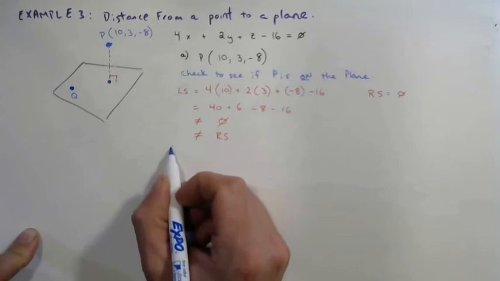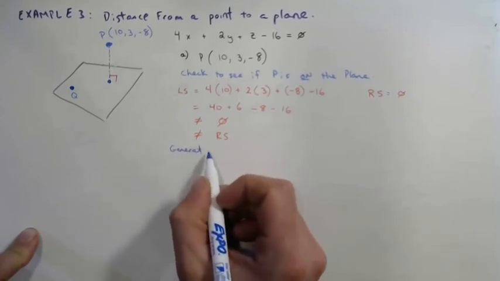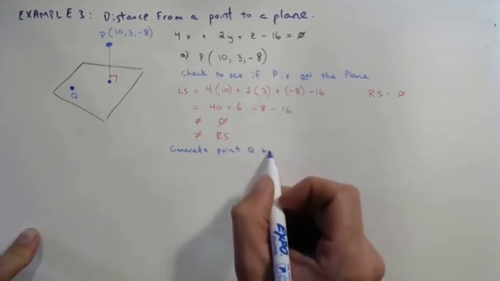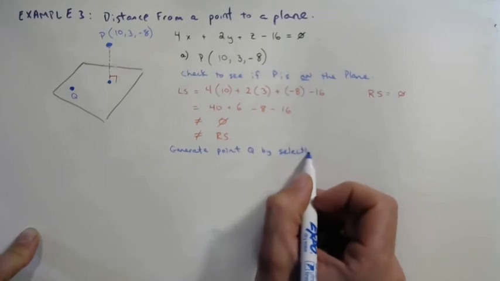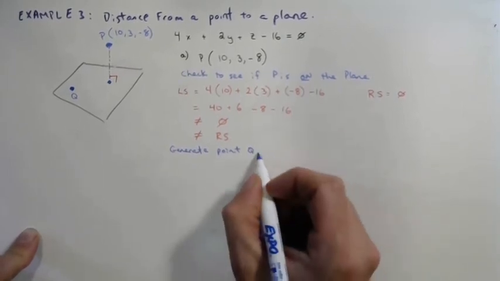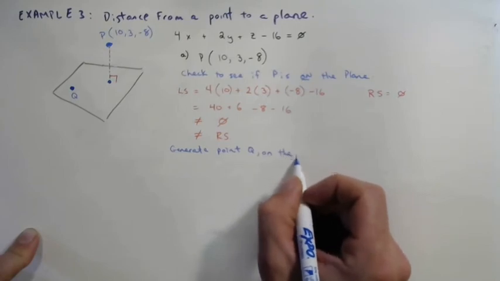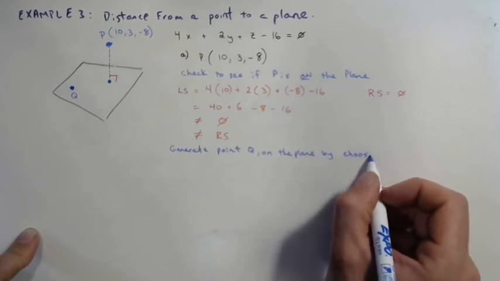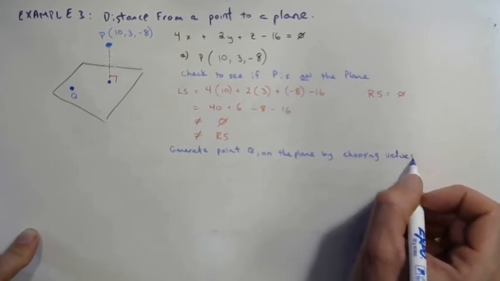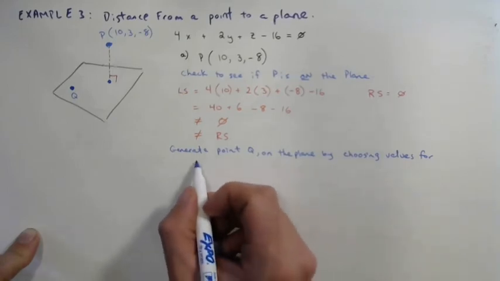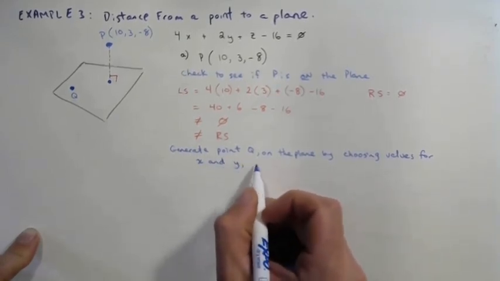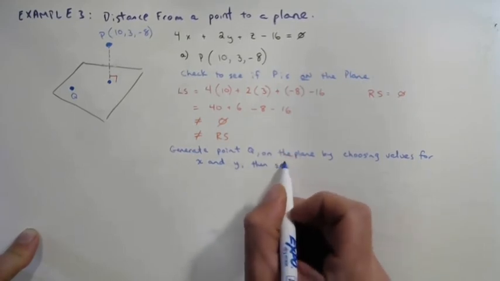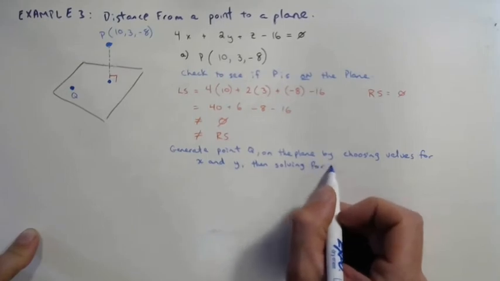I'm going to write: generate point Q on the plane by choosing values for x and y, then solving for z.